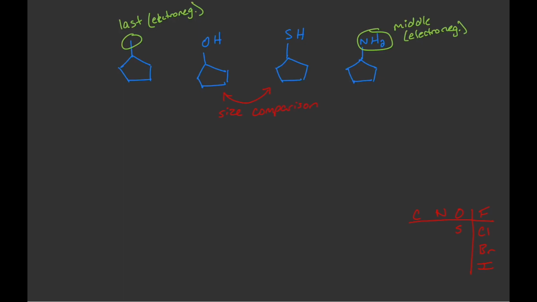Using our size comparison, we can say that SH is more acidic than our OH, similar to that second example that we saw, because sulfur is bigger than oxygen.